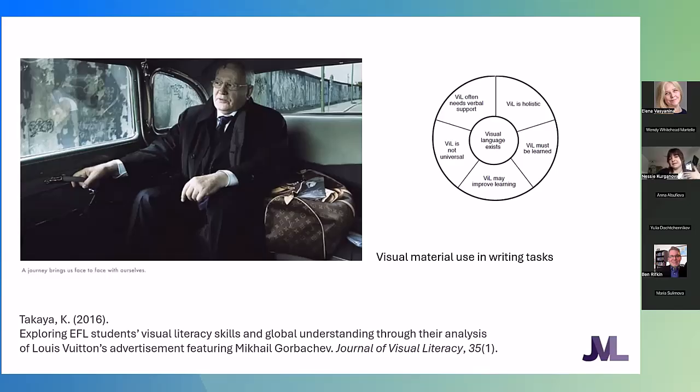Some of you, hopefully most of you, will recognize Mikhail Gorbachev. He's right here, and he's advertising a Louis Vuitton brand, and right here is the Berlin Wall. Now, none of the students recognized that.